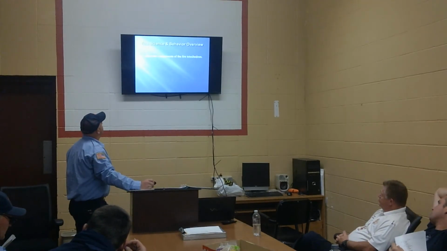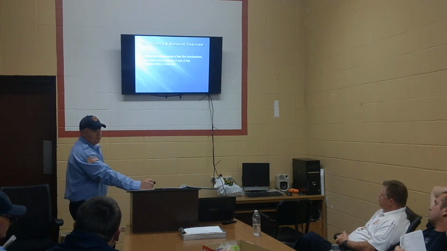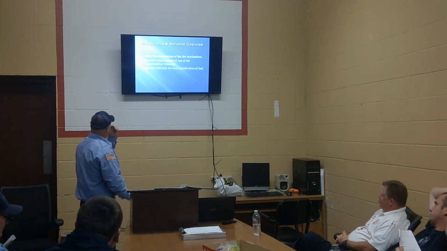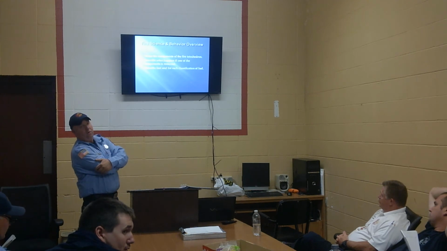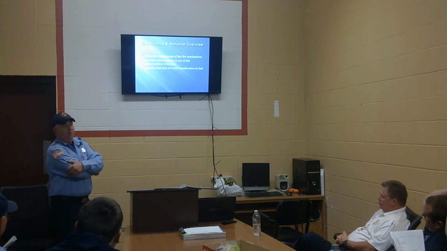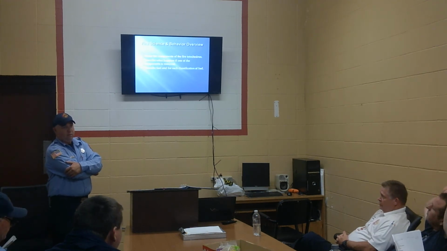All right, name the components of fire. We did that. Describe what happens if one of the components is removed. Joey, what happens? Fire goes out. When we put water on a fire, what are we doing? What are we removing? The heat.